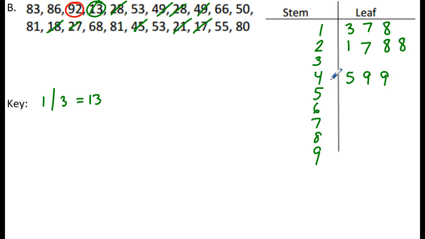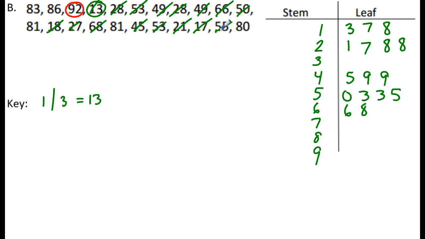Into the 50s, I have a 50, a 53, and a 53. I have a 55. And now into the 60s. For the 60s, I have a 66 and a 68. Into the 70s, don't have any 70s listed here.